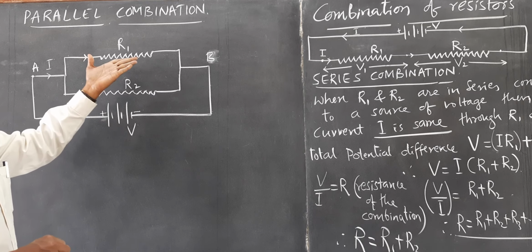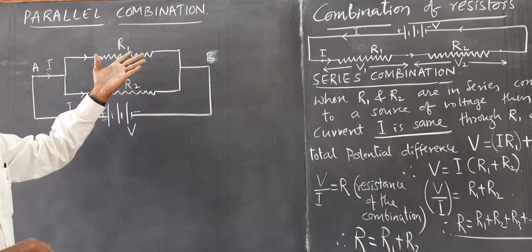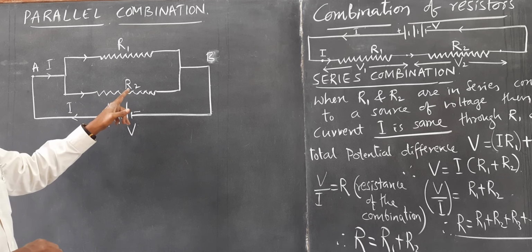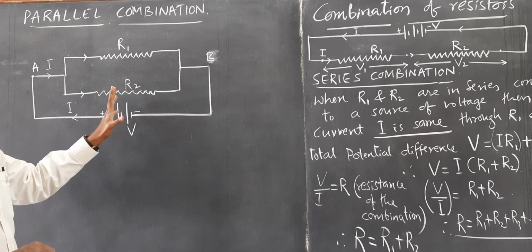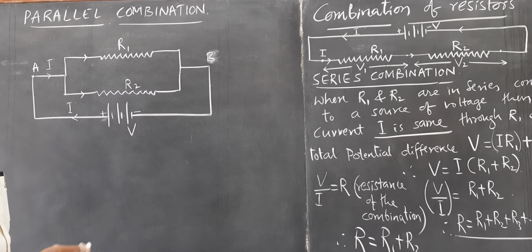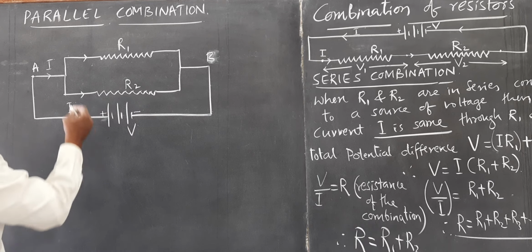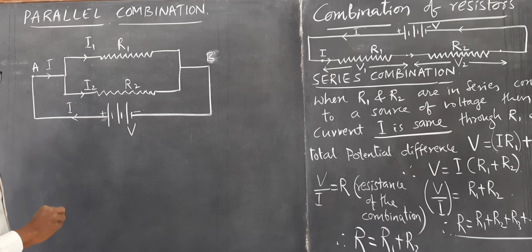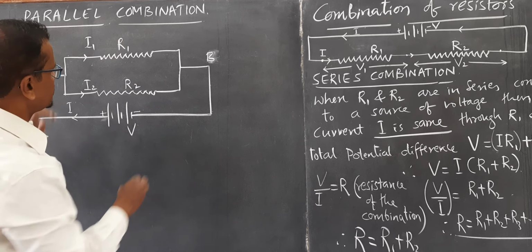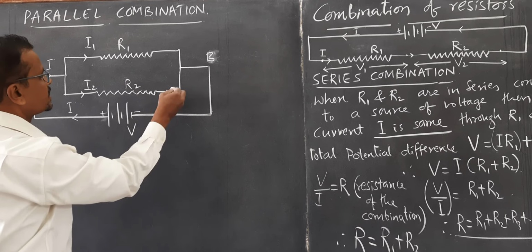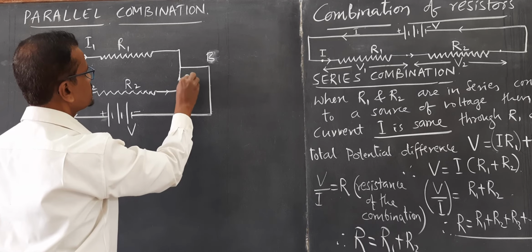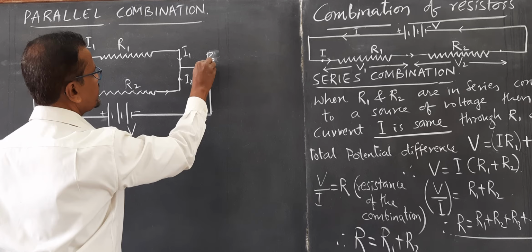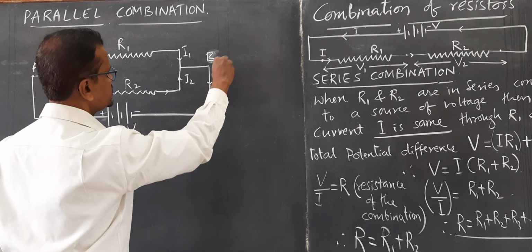The path which is of more hurdle will be carried by fewer charges per second, and the path which is of less hurdle will be carried by more charges per second. That is quite natural. So, accordingly the currents will be divided as I1 and I2, and the charges combine here as I2 and I1, so that the total current I becomes the same.